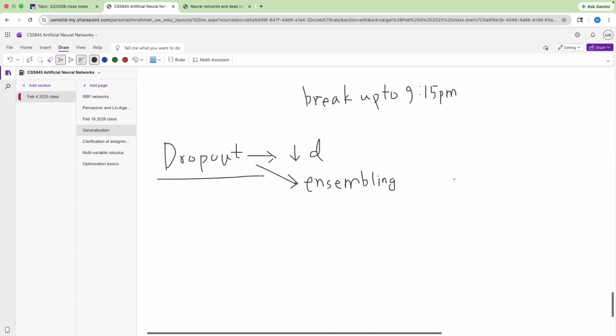So that aspect of ensembling can be used to explain why dropout works as a good technique. But let's look at the main concept of dropout. Let's consider an example.